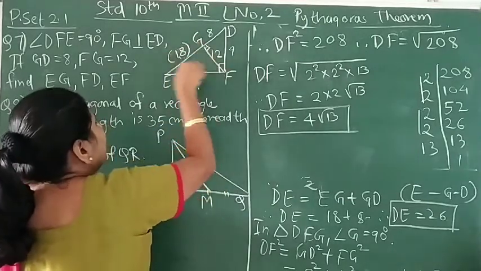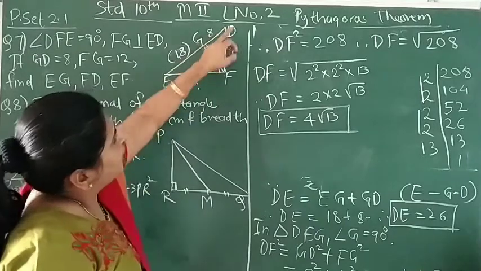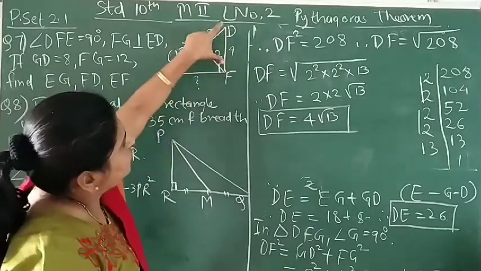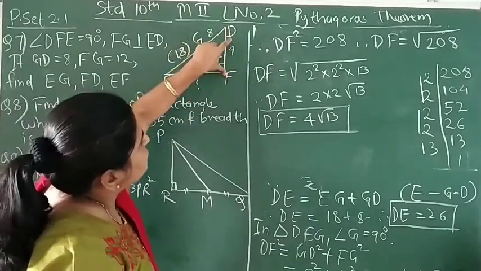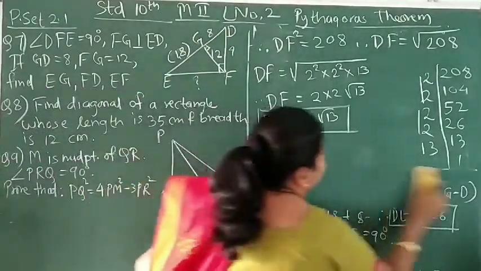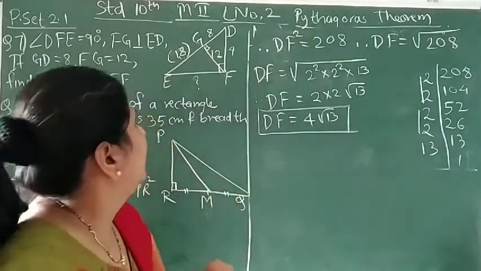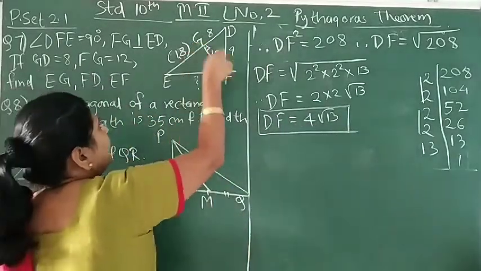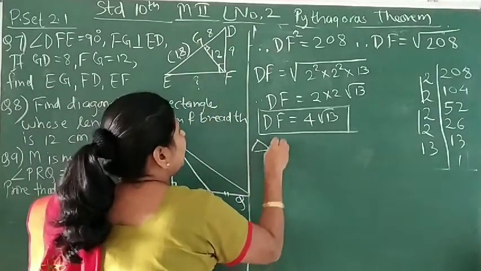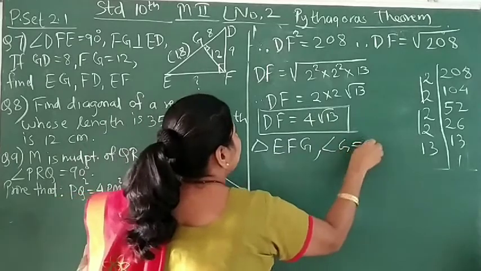Now using Pythagoras here also you can find this EF, or if you know the whole DE which we have just found, with the help of this triangle we can get the remaining. So we have two options. Either we can use triangle FEG, or triangle EFG, where angle G is going to be 90 degrees.